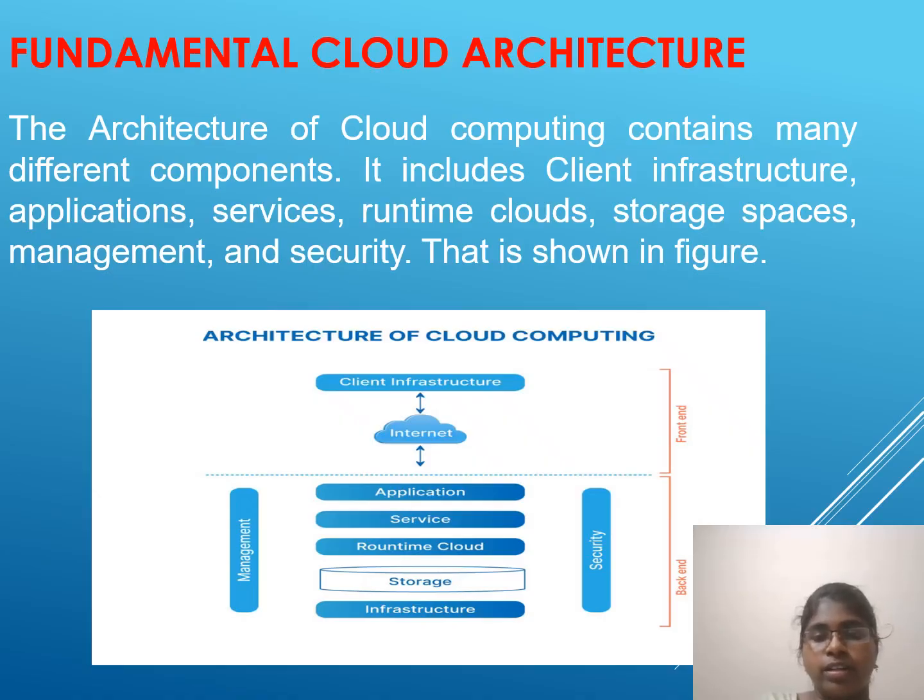It connects to the internet, and the internet connects to the application, server, runtime cloud, storage and infrastructure, management and security. So the backend contains the application, server, runtime cloud, storage, infrastructure, security, and management. The front end contains only the internet and client infrastructure to store our data in the cloud storage.